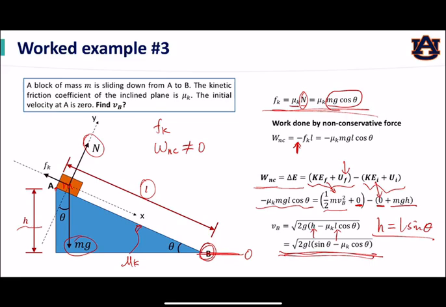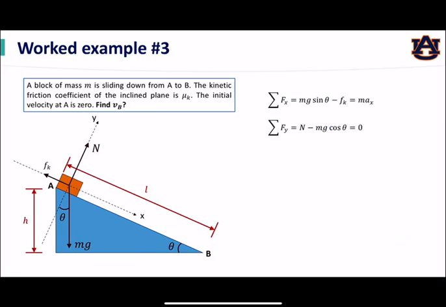So again, let's look at the free body diagram, and the Cartesian x and y axes are also defined as we did before. With this setup, we can write down Newton's second law along the x and y directions. Along the x direction, we have the projection of mg, which is along the positive x direction.